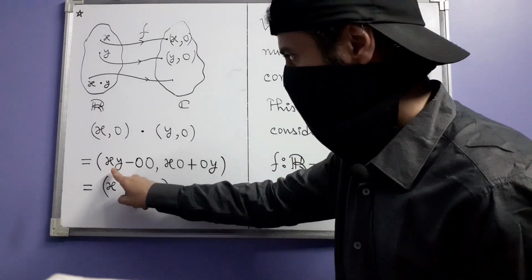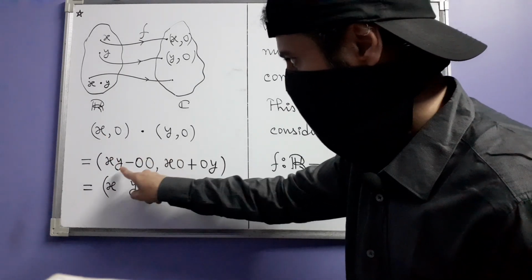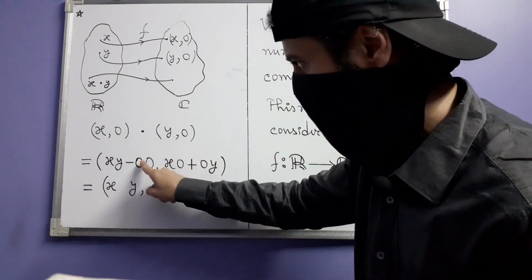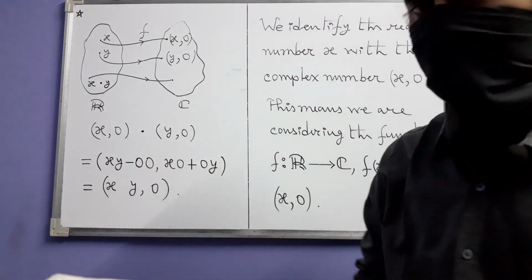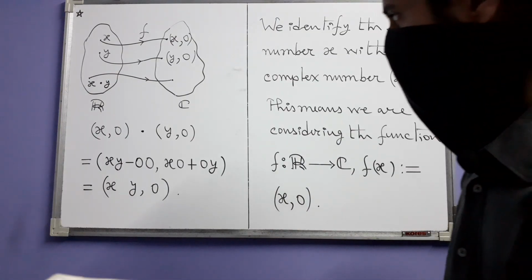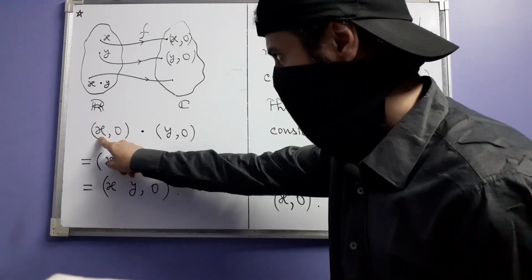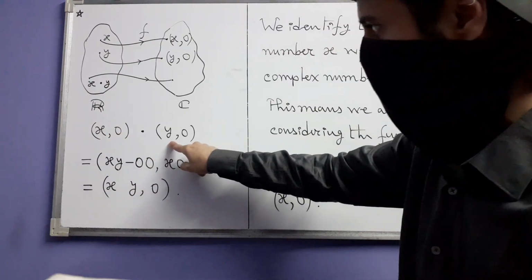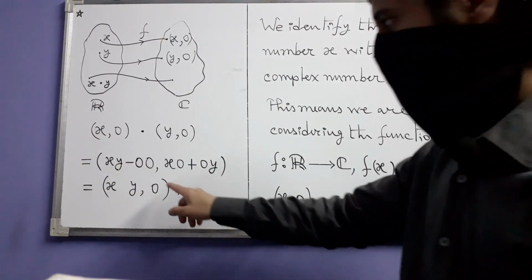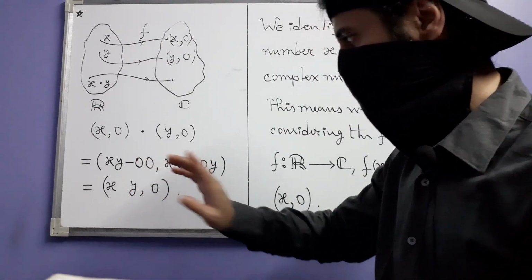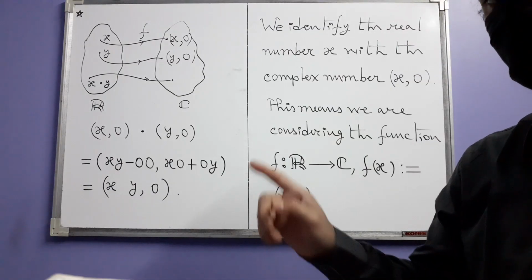The first coordinate will be real part times real part minus imaginary part times imaginary part. I did not write anything in between, but this is multiplication. Multiplication of real numbers, 0 and 0. And the second coordinate is real part times imaginary part plus imaginary part times real part.